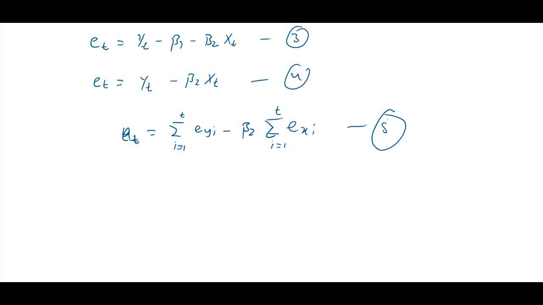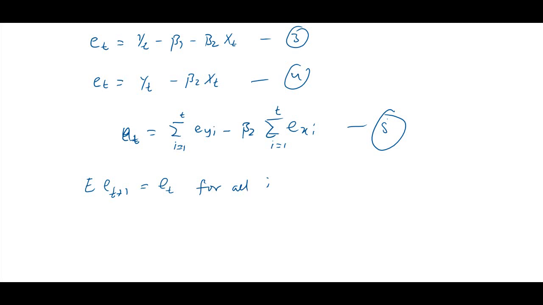Moreover, the error term has a permanent component, in that the expected value of Et plus 1 must equal Et for all the values of i.